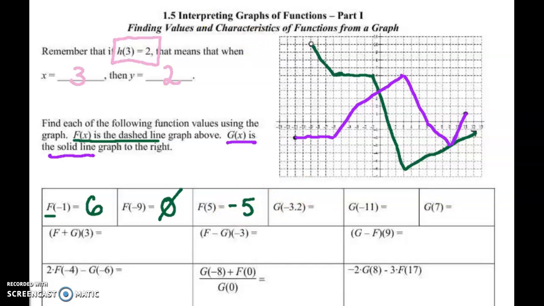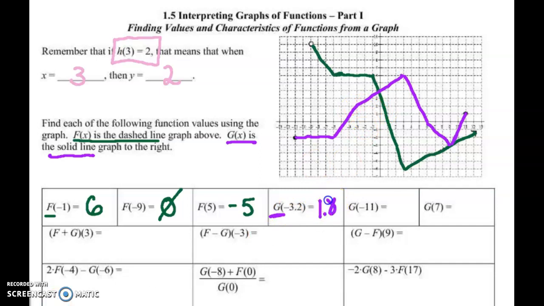What I like so much about this notation is now all I have to do is switch over to my purple g function, and when I look at -3.2, I'm just going to approximate, as it doesn't look like it's exactly 1 point something, but it's definitely around this value.